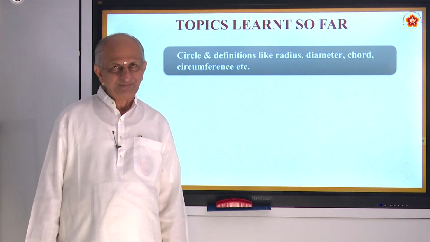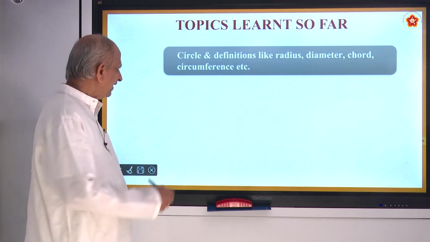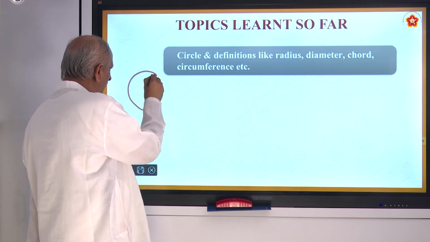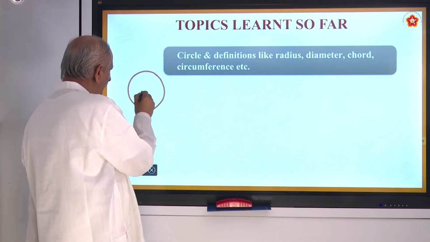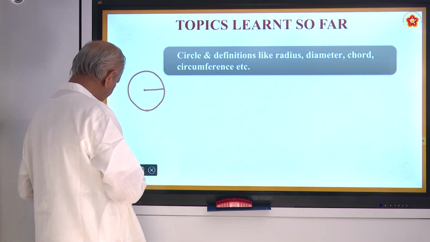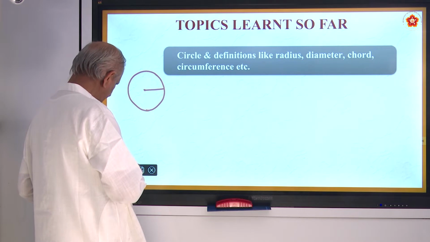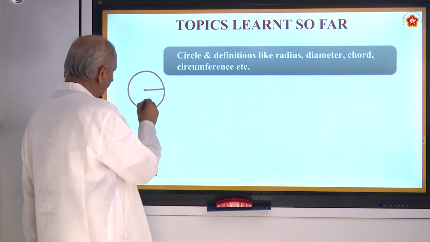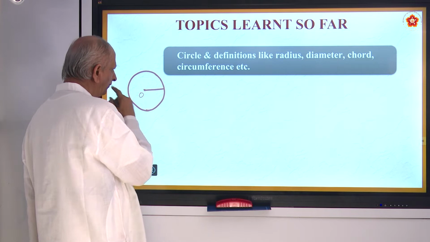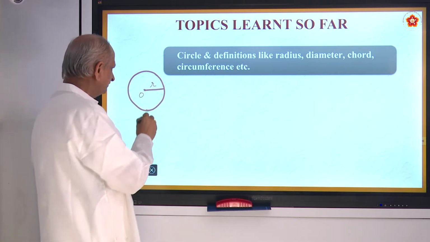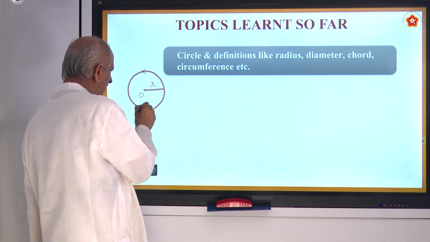A circle is the path traced by a moving point which moves at a fixed distance from a fixed point. Is it not? And what is the fixed point called? The fixed point is called center O, and the fixed distance is called radius, and this path is called circumference.